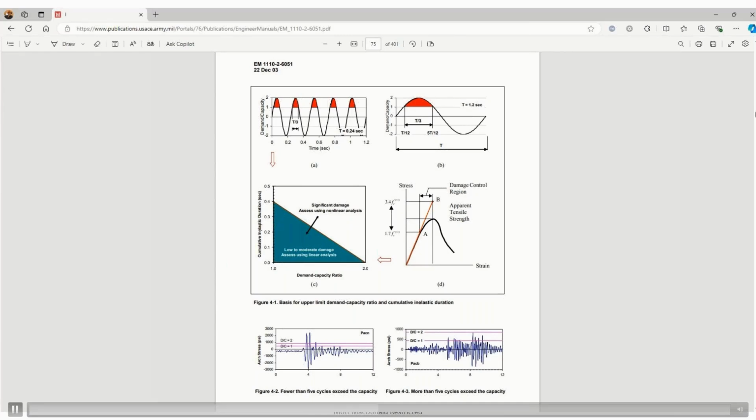The cumulative inelastic duration can be obtained approximately by multiplying the number of stress points exceeding a certain stress level by the analysis time step. The higher the cumulative duration, the higher the possibility of more damage.